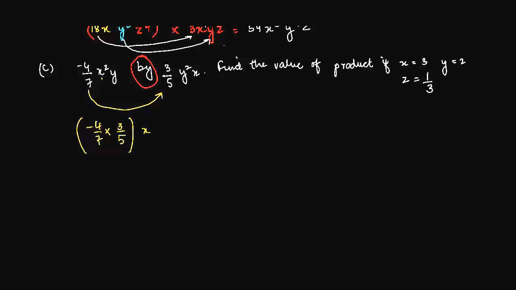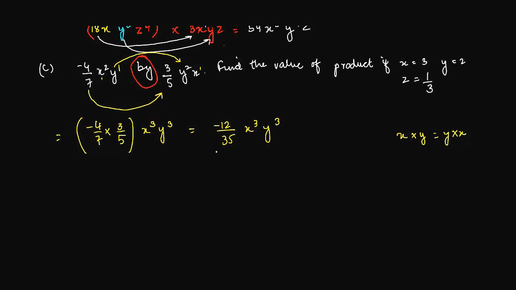Now in this case y square is coming first, but it really doesn't make a difference. Why? Because we know x into y is equal to y into x. So even if y is coming before, it doesn't make a difference. So x to the power 2 and x to the power 1. So 2 plus 1 gives you 3. Similarly, y into y square gives you what? y. 1 plus 2 will give you 3. Right? So this is the product that you get. Once you multiply, you will get minus 12 upon 35 x cube y cube.